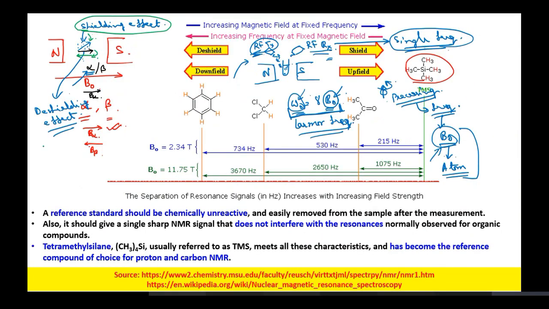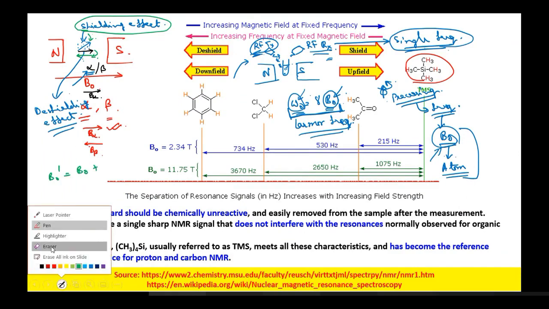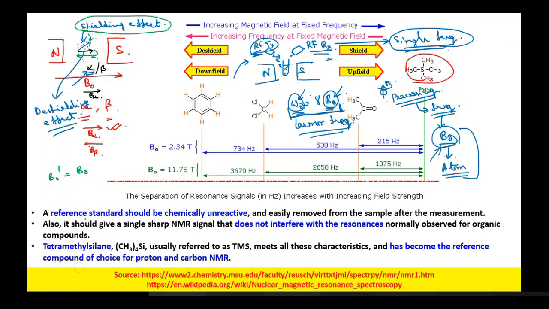So let me write this equation. I'm writing this equation over here. So B0 dash equals B0 minus delta B. Say for example, I am writing it as electron, for electron delta BE.